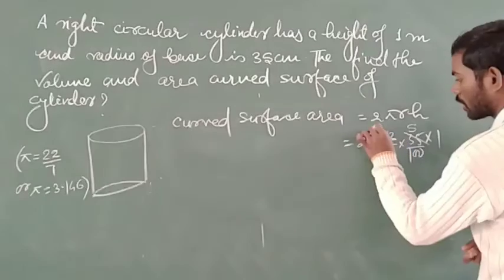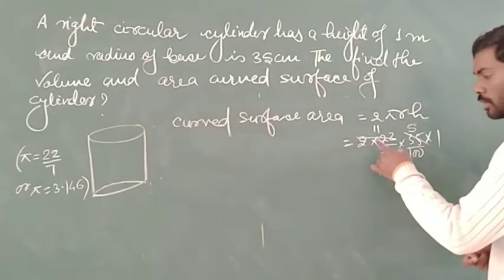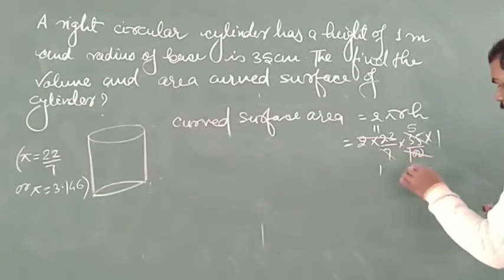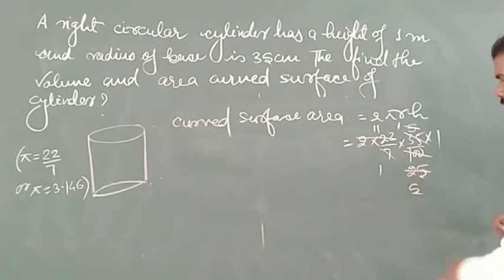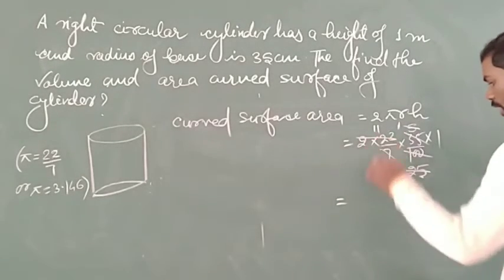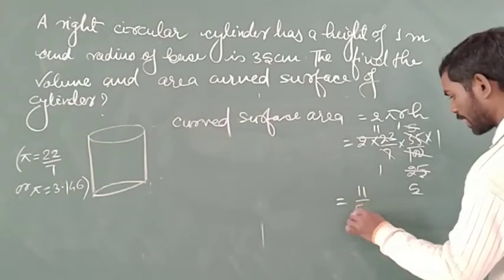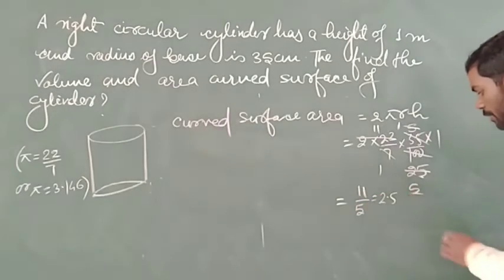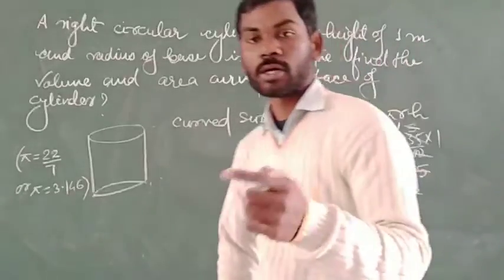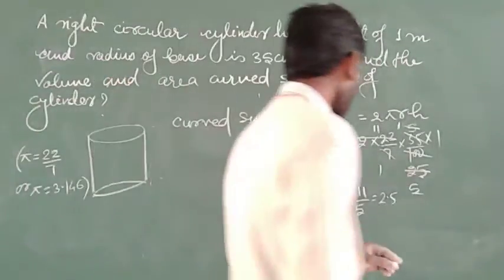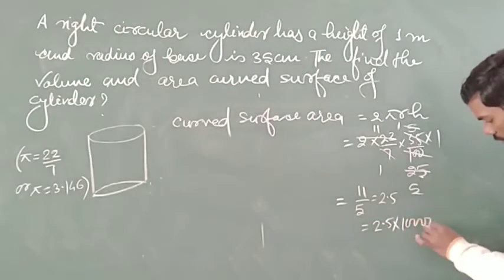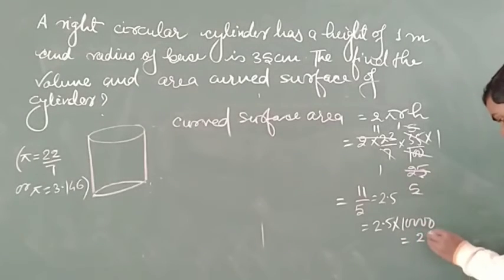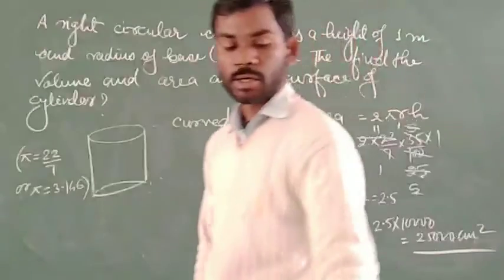Here we get 11. 2 2s are 4 and 4 11s are 44 and it will be 25. So we get 11 upon 5, that will be 2.5 meter square. But the result will be in centimeter square. So we have to multiply 2.5 by 10,000. We get 25000 centimeter square, which will be the required result.